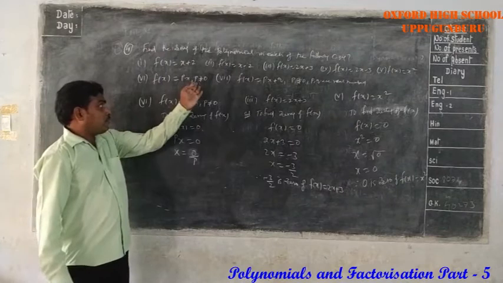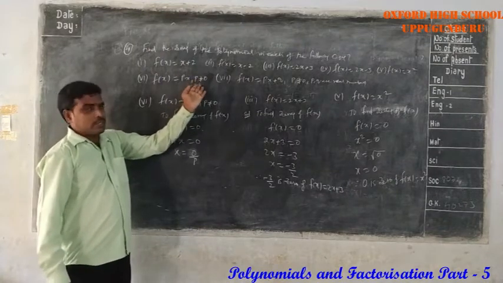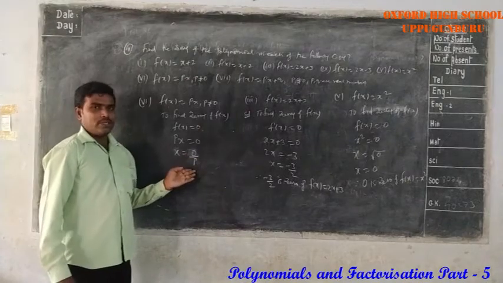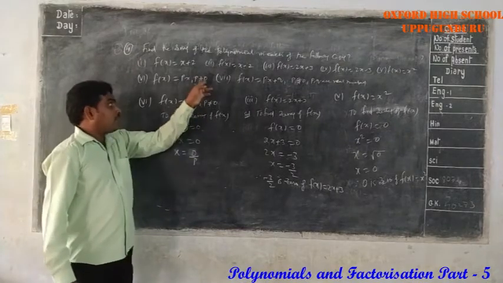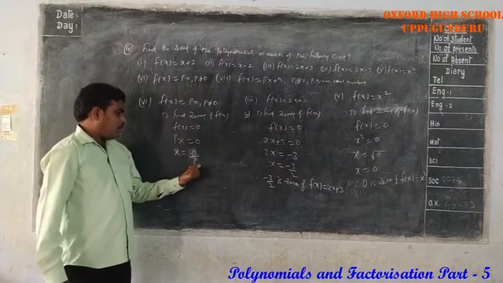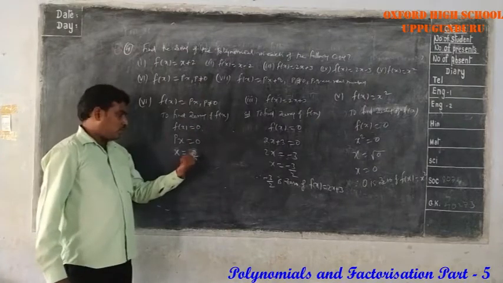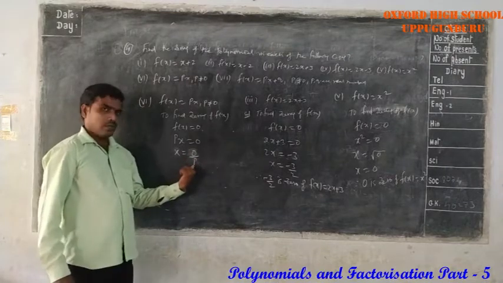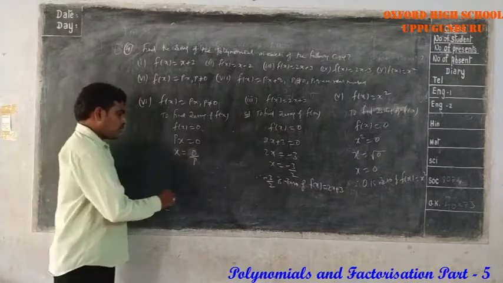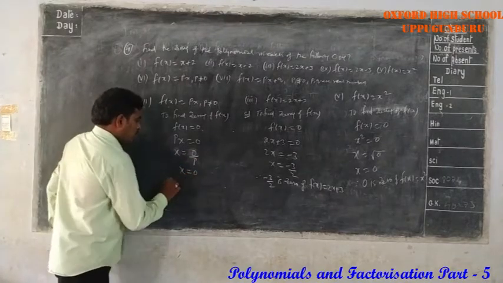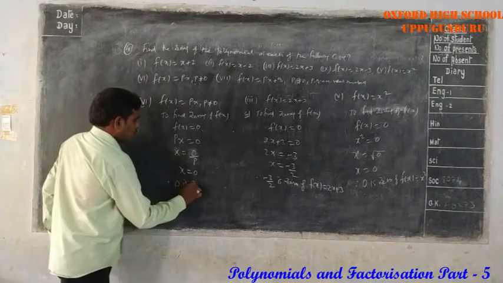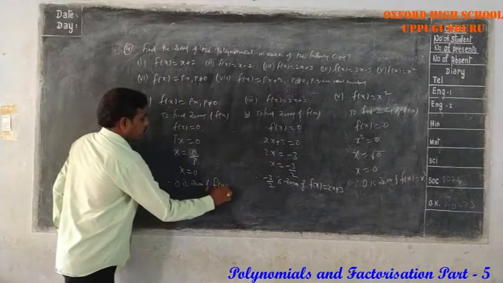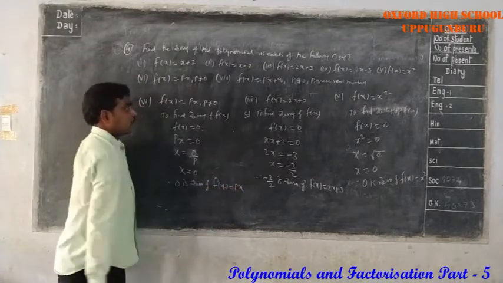Suppose they did not give this condition, if p equal to 0, then 0 by 0 is an indeterminate form. That's why they give p not equal to 0. Here p not equal to 0 means it is any value other than 0. 0 by any value, what you will get is 0. Therefore 0 is the zero of f of x equal to px.